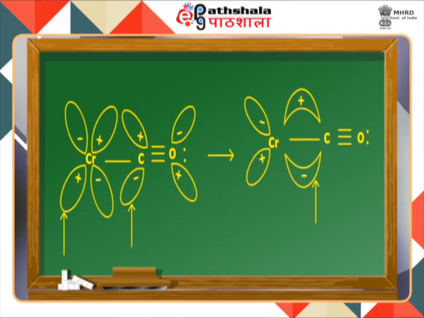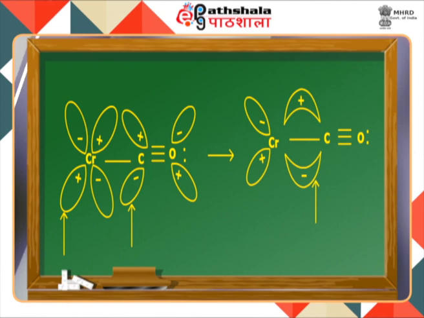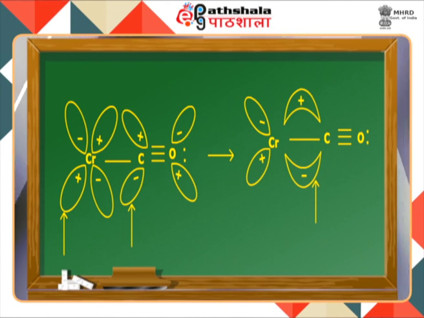The filled 3dxy, 3dyz or 3dxz atomic orbital of chromium atom overlaps with the vacant pi star, that is the pi 2px or pi 2py molecular orbital of carbonyl molecule, forming a chromium to carbonyl pi bond, which is also known as back bond.